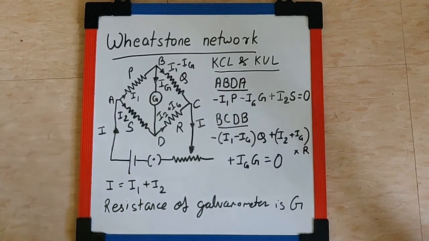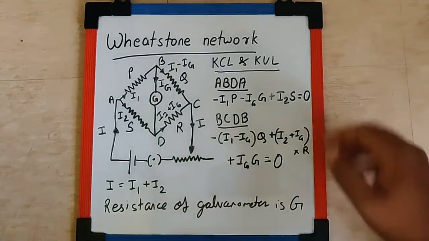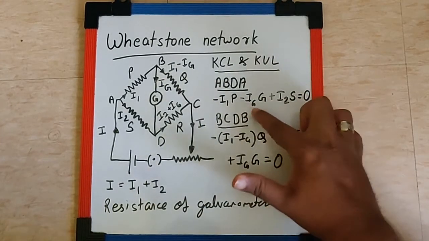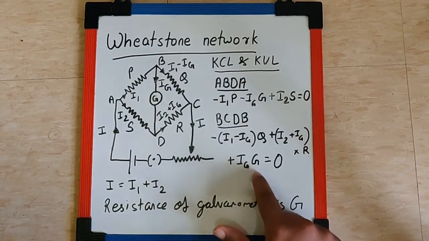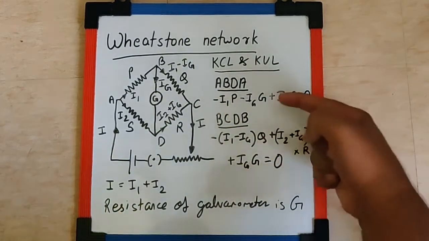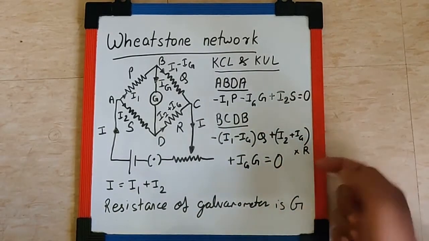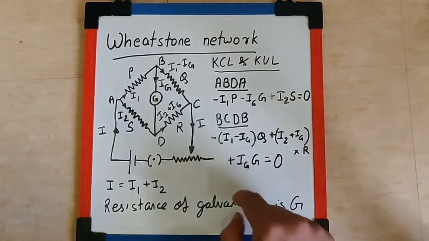Now if you check both the equations, we have minus IG into G in the first equation and plus IG into G in the second equation. So if we add these two equations, we definitely get rid of this. So let's try that.